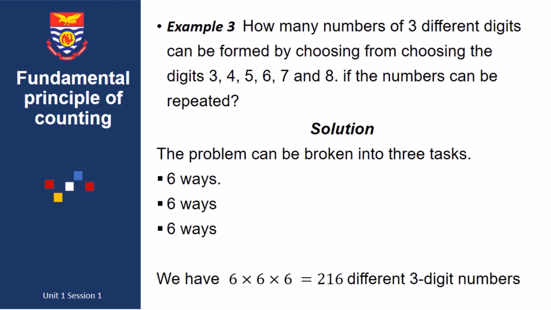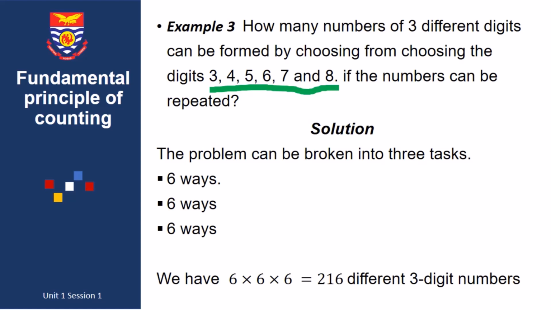Unlike the previous example, Example 2, where the numbers could not be repeated, so once one number is picked, it reduces the total number of numbers we have there. But with this, we also have 3 tasks to carry out, despite the repetition. So we need to select the hundreds digit, the tens digit, and then the ones digit. So how many choices do we have? I have 6 choices to make to select the hundreds digit.